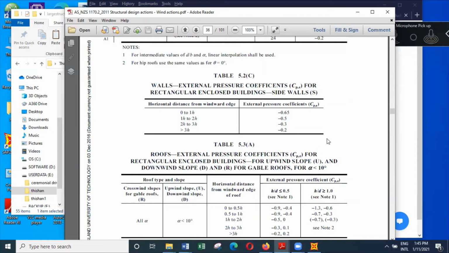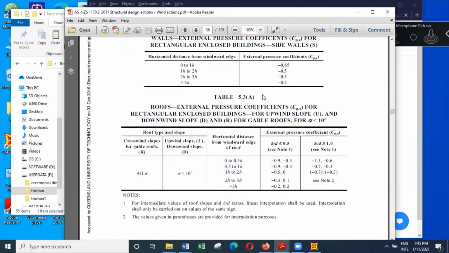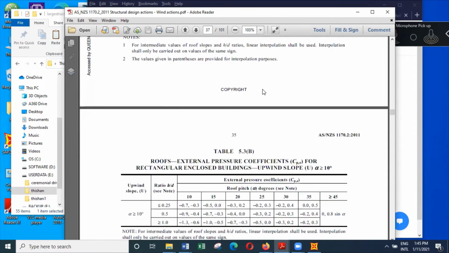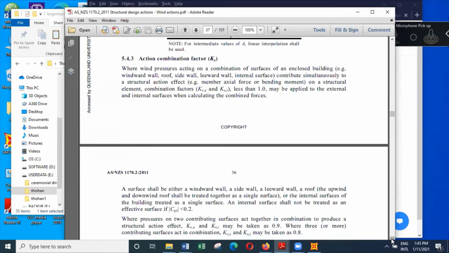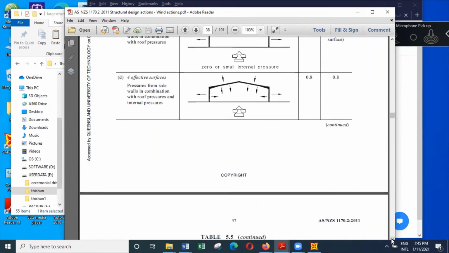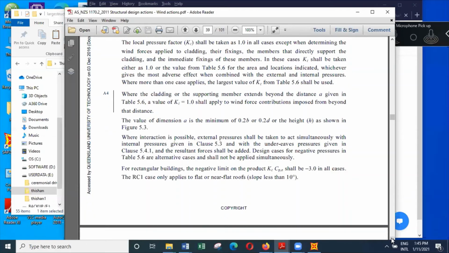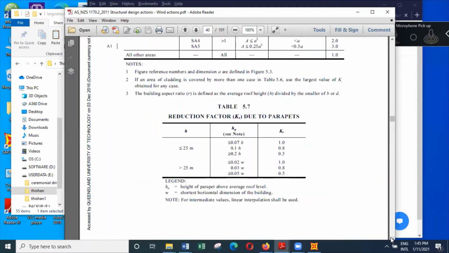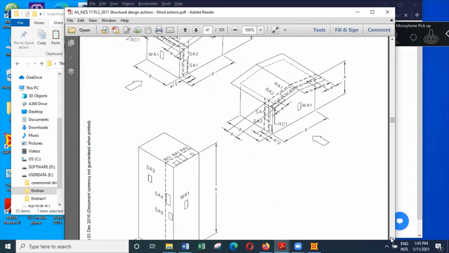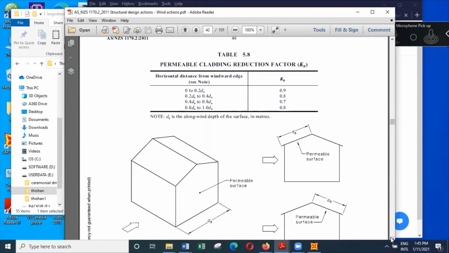And also the wind suction on side walls is given. And then it goes on to various other parameters that may not be directly applicable to us, with parapet walls and all kinds of situations.